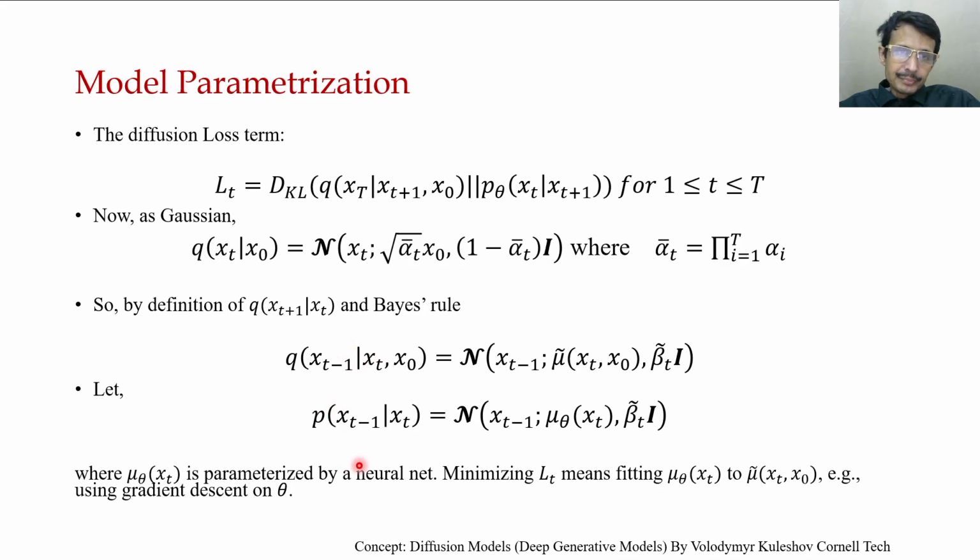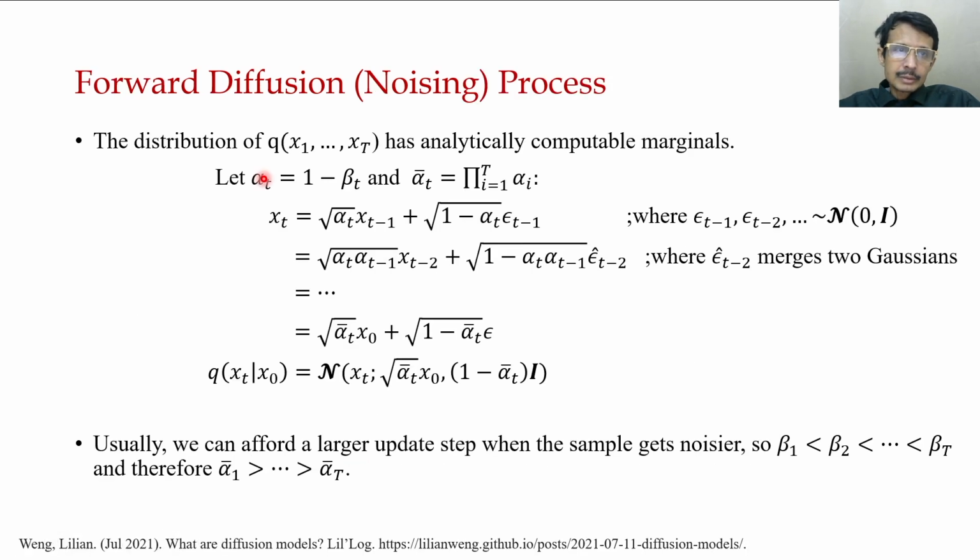We set up our parametric model. Now from the forward diffusion, we can say alpha t is 1 minus beta t, and alpha t bar is what we have said before.